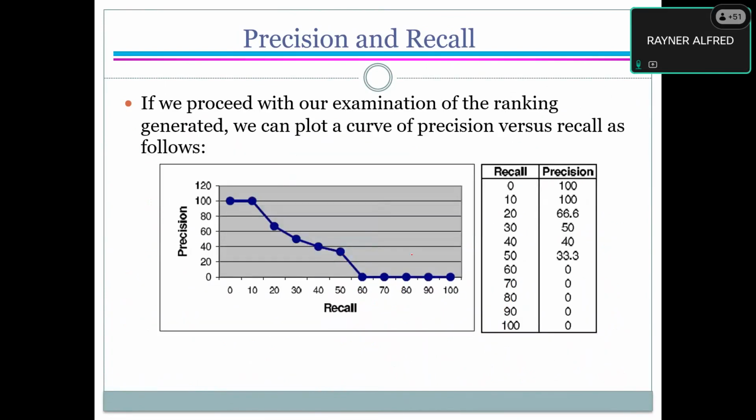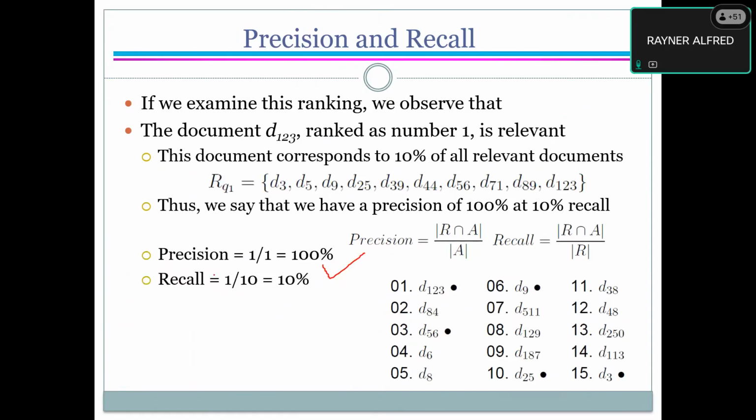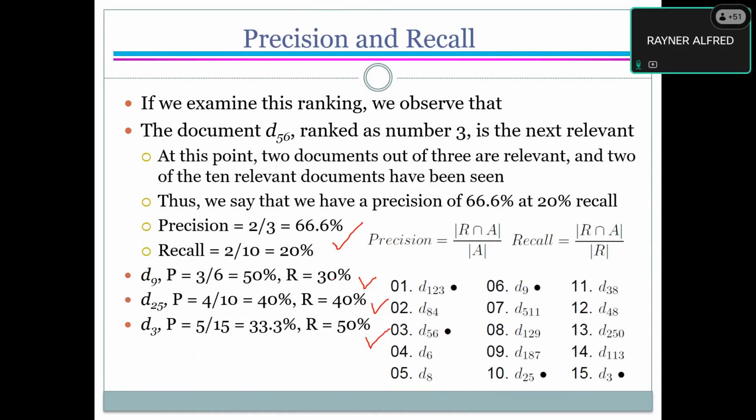So basically, we will run this 0, 10, 20, 30, 40, and so on. So this is our recall. So for each of the value that we have, like 10, example just now, the first one is the recall is 10, right? So the precision is 100%.